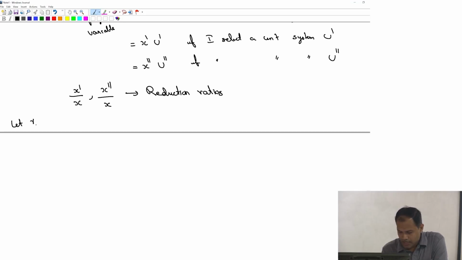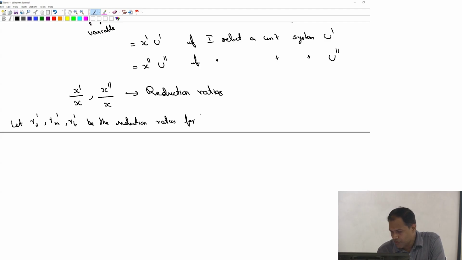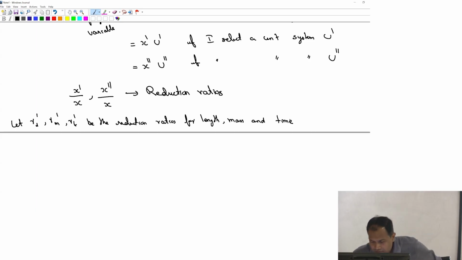Let R_L prime, R_M prime, R_T prime be the reduction ratios for length, mass and time. When I define my x, I did not say what it is, it's some physical variable.